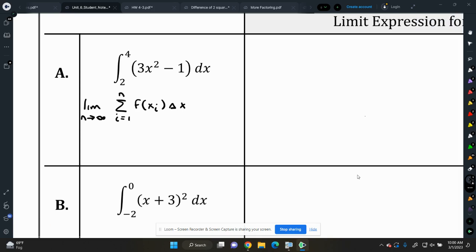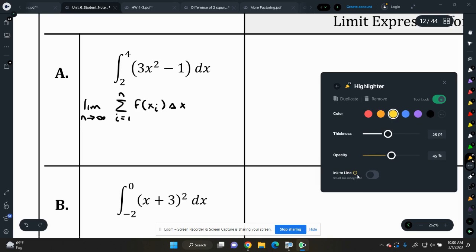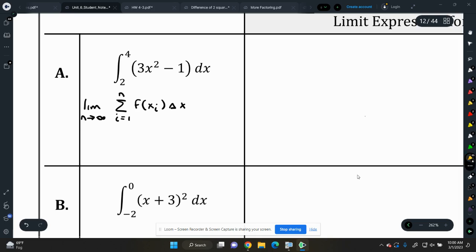I like to write the formula out because then I remember what parts I need to figure out. It reminds me that I need to find f of x sub i and I need to find delta x.